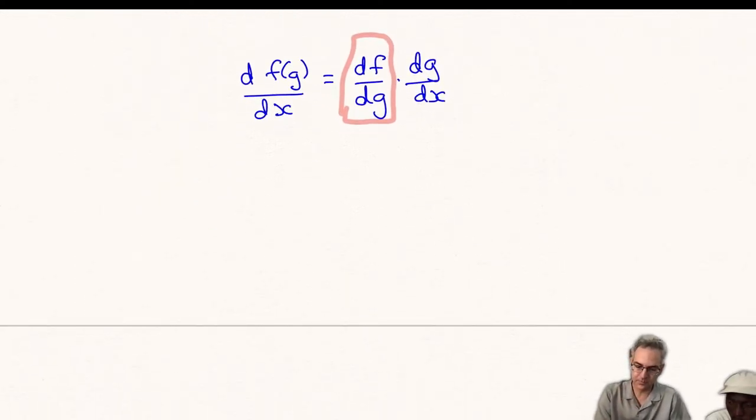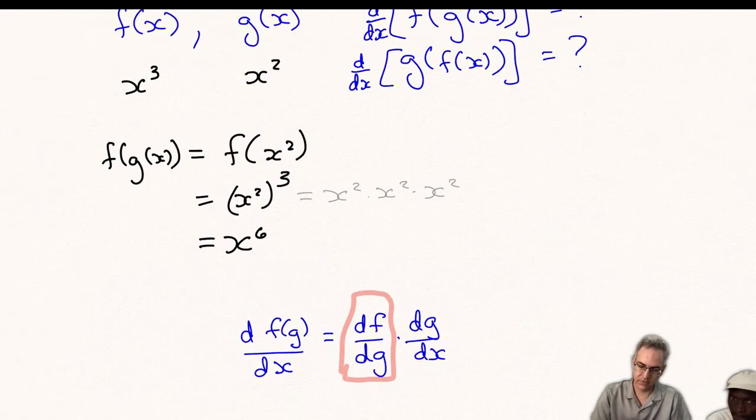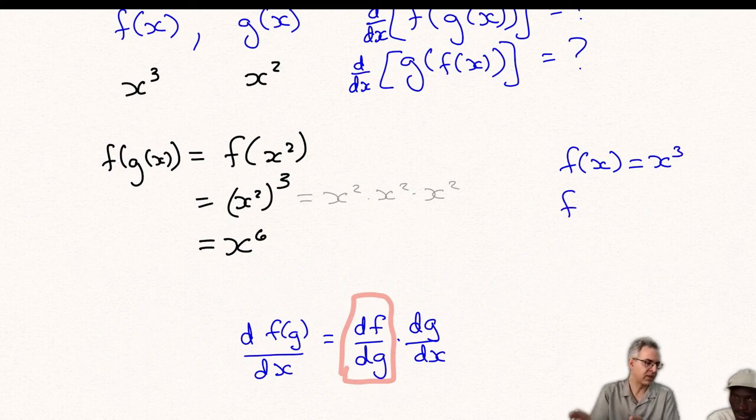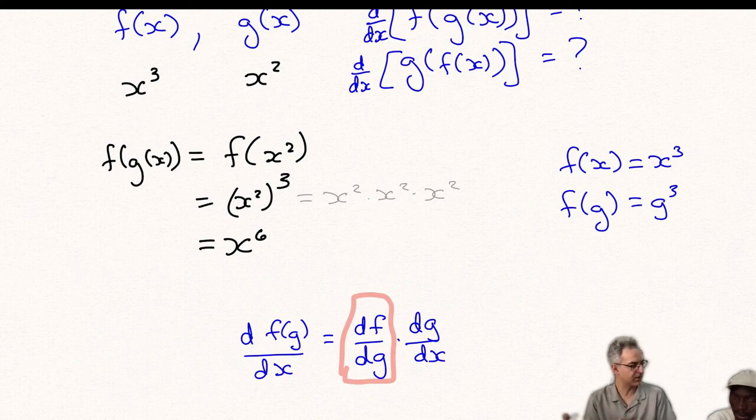So what do we mean? Well, we know f of x is x cubed. But x is just the name of a thing. It's the input to the function, right? If I were to write f of g is g cubed, I would still be saying the same thing. The function still does the same thing.